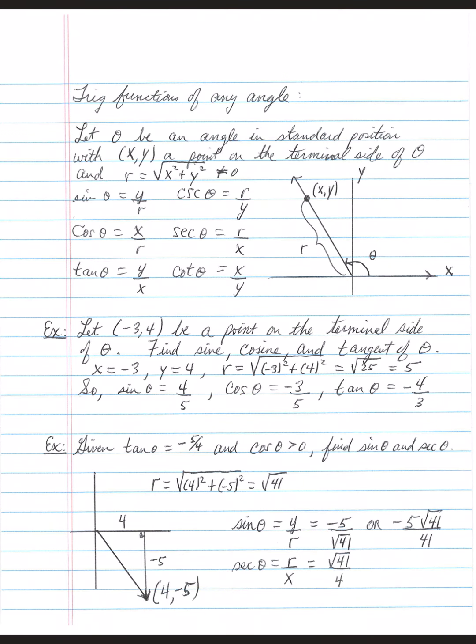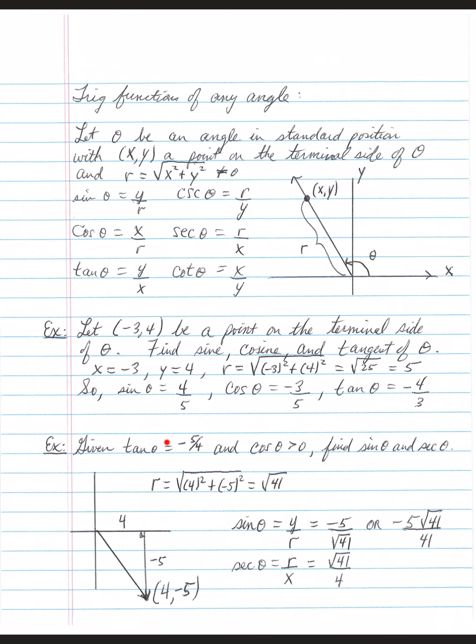Another example you'll see in your homework is given tangent of theta is equal to negative 5/4 and cosine is positive. Find sine and secant. Cosine being positive means that the x value has to be positive. Well, that occurs in either quadrant 1 or quadrant 4.